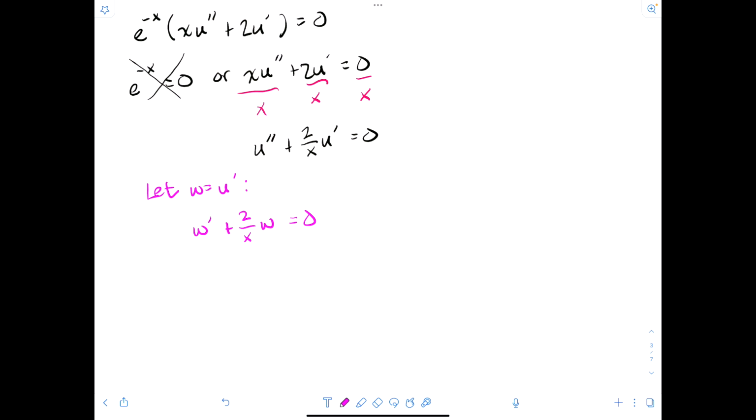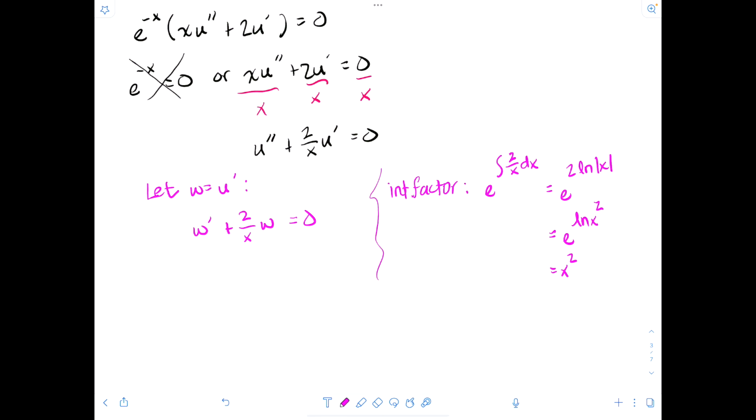So my integrating factor is going to be e to the integral of 2 over x dx, which is equal to e to the 2 natural log absolute x, which is e to the natural log x squared, which is just x squared.